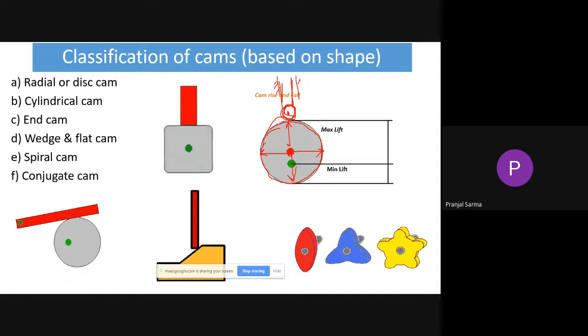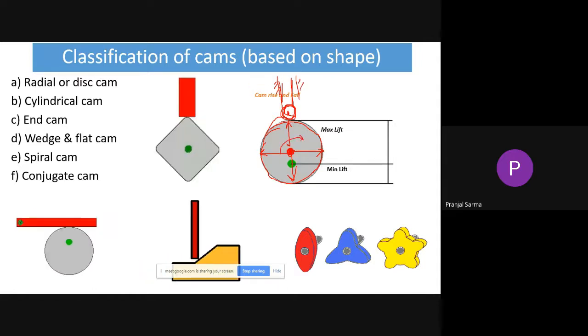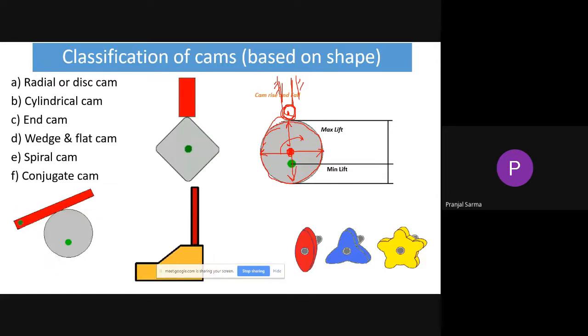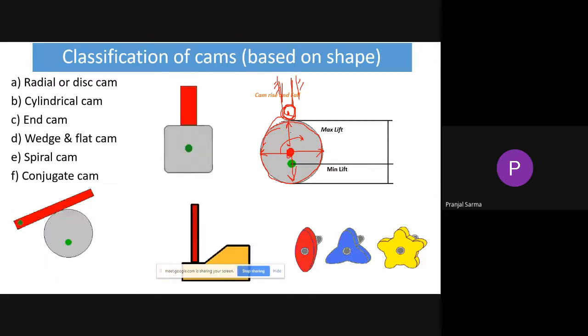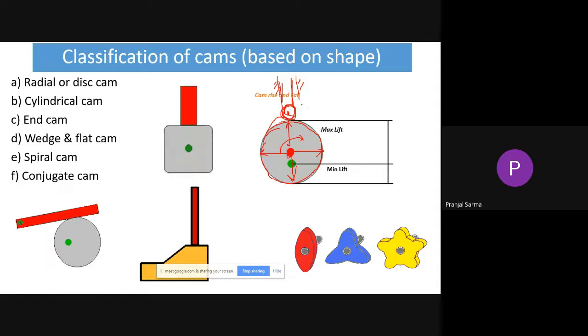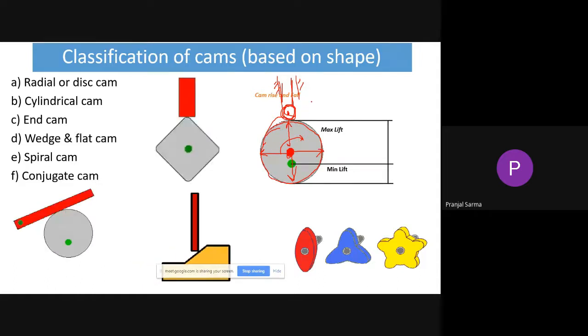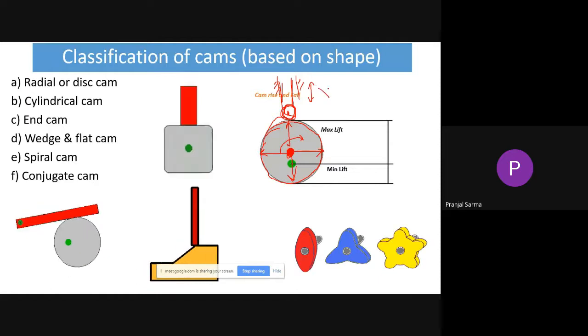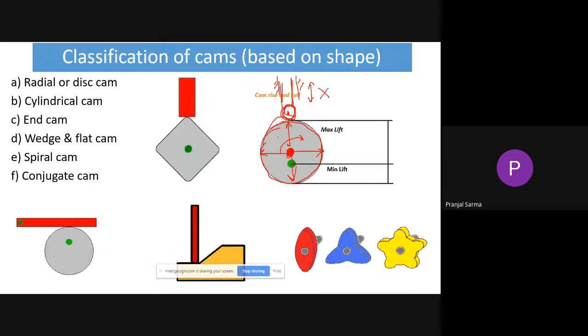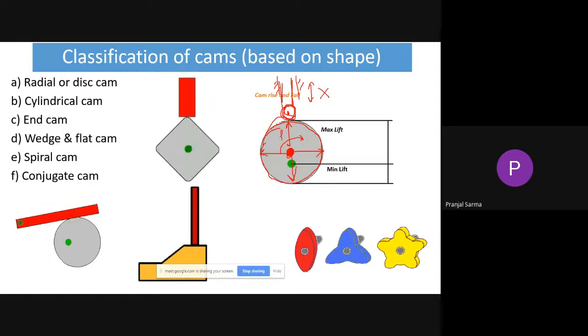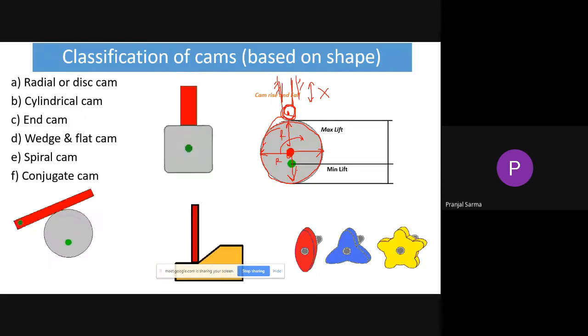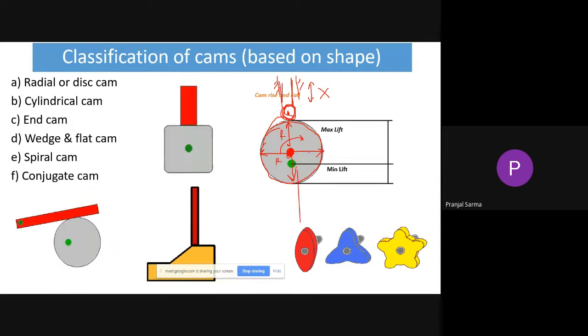Now what will happen if the center of rotation of the cam is exactly at the geometrical center of this circular cam? Then it is not going to give any kind of motion to the follower. Why? Because in that case there will not be any motion here, because all these distances are the same, all are equal.